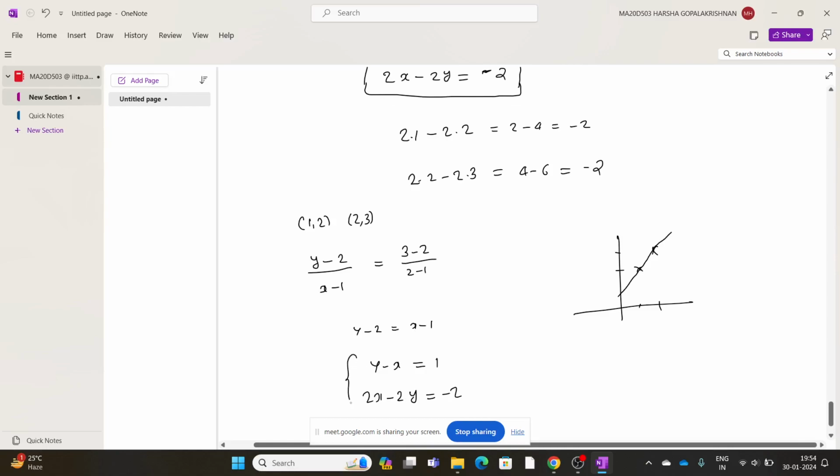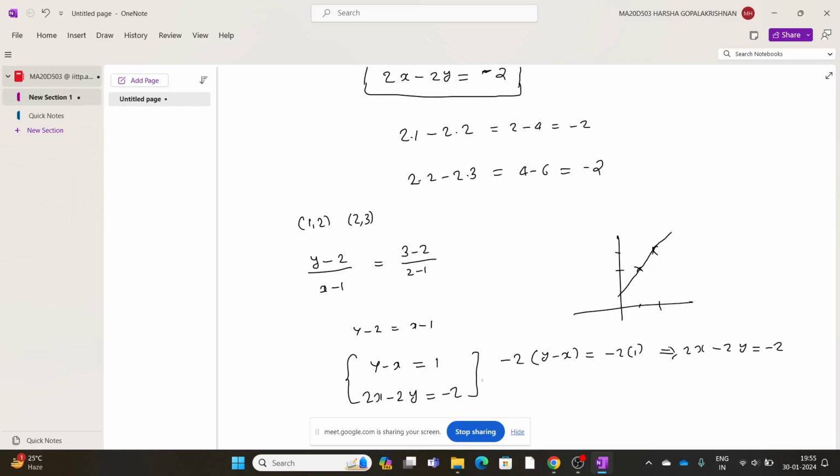Can you relate these two equations? These are actually the same, right? This is just a constant multiple of the first equation. If we multiply y minus x equals 1 by minus 2 on both sides, what we get is 2x minus 2y equal to minus 2, the equation we obtained earlier.